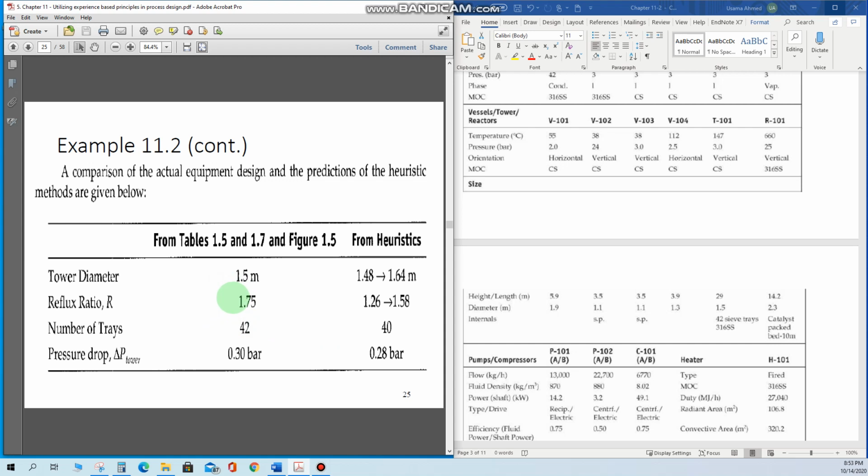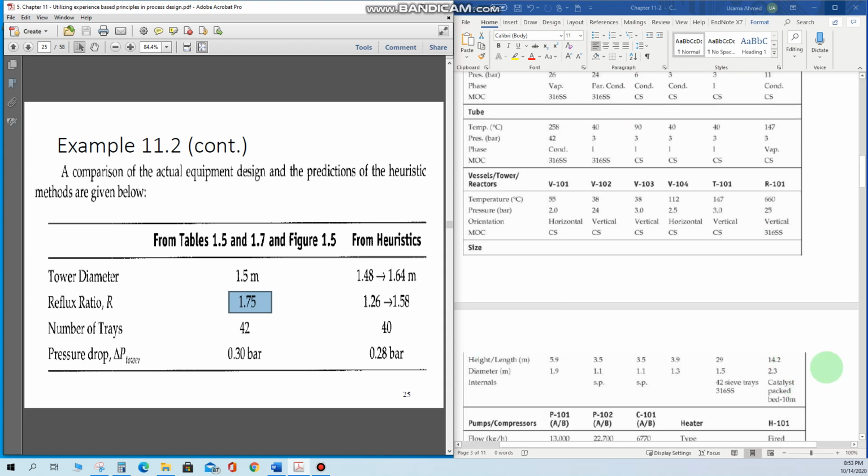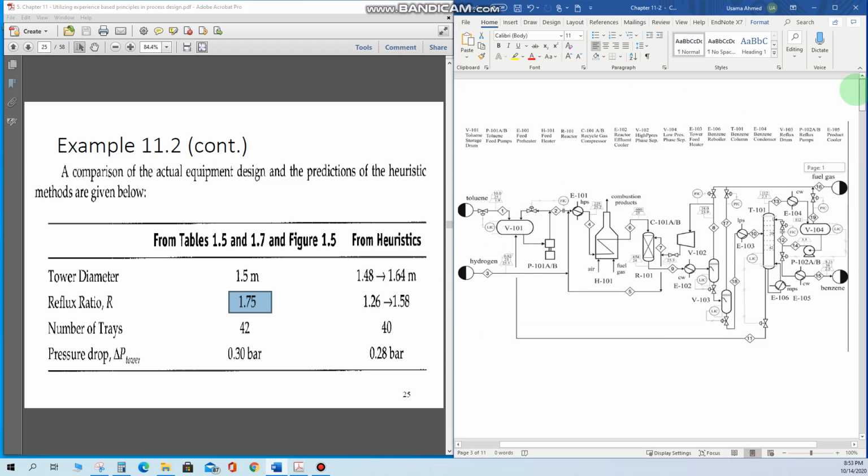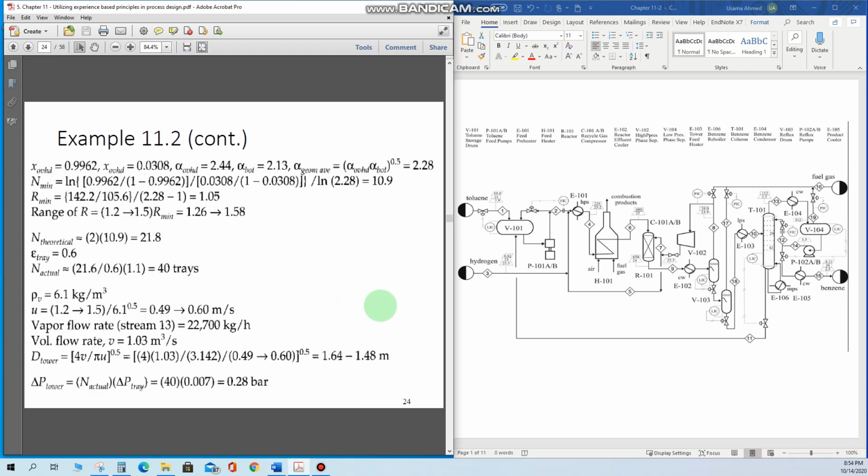Then the reflux ratio. The actual reflux ratio, you have calculated by using the simple ratio between the distillate and the overhead stream, that is L by D. So it is basically the ratio between the stream number 12 and the stream number 15 here, to estimate the value for the reflux ratio from this figure, that comes out to be 1.75, and in our example we have calculated this value between 1.26 to 1.58.